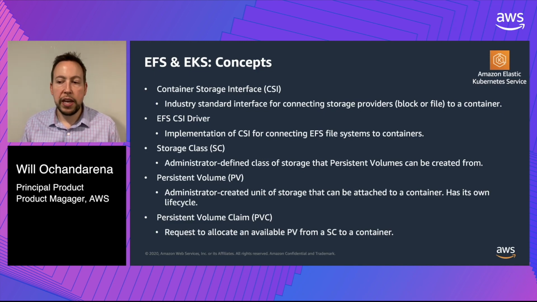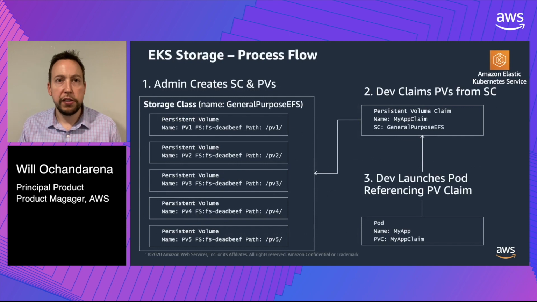So let's walk through an example of how the process flow would work. When you first set up your Kubernetes or EKS cluster, the administrator goes in and sets up the drivers and connects to the storage. So first they create a storage class, which is just a name that's associated with a particular type of storage that you're making available.